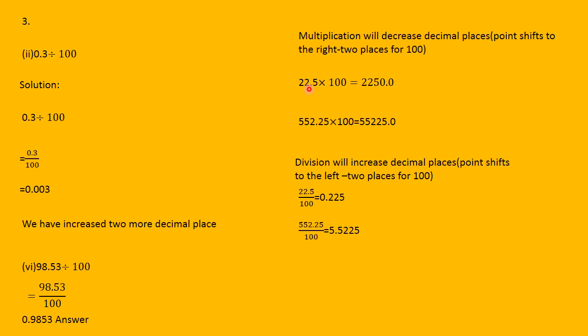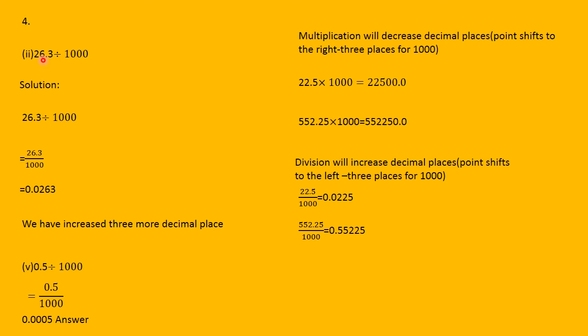When you are multiplying it by 100 or 10, the number of decimal places will decrease. Whereas when you are dividing it by 100 or 10 or 1000, you will see an increase in decimal places. Okay. So here you have to go from right to left. Here you have to go from left to right.